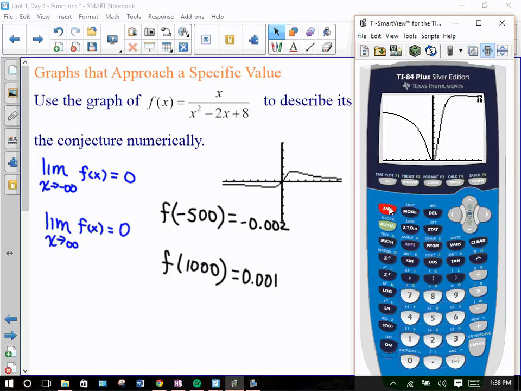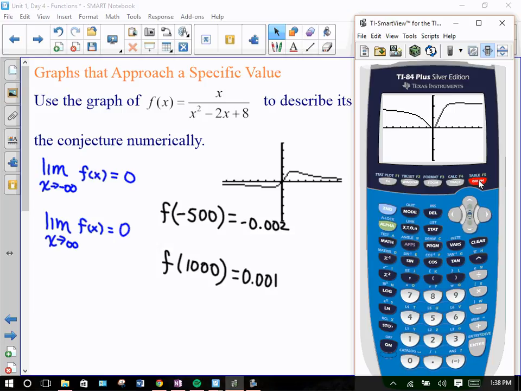First of all, I need to not count by 0.2. Let's just go down. So, negative 3, let's count by 1. So, obviously, as x approaches negative infinity, what does it appear the y value is approaching?